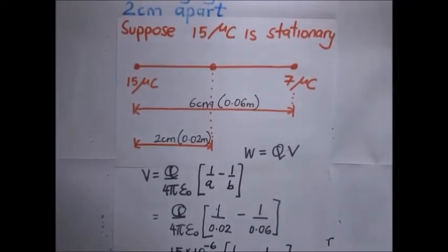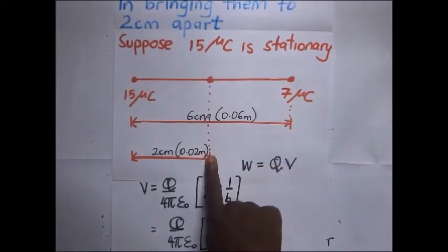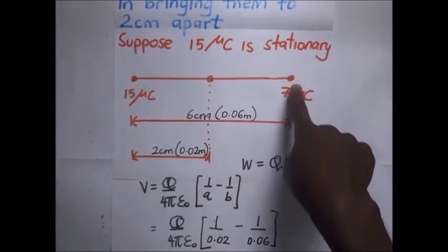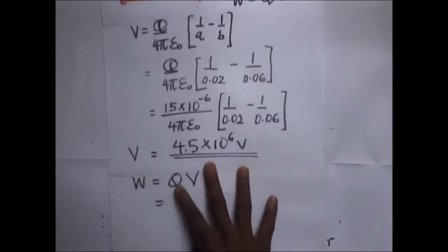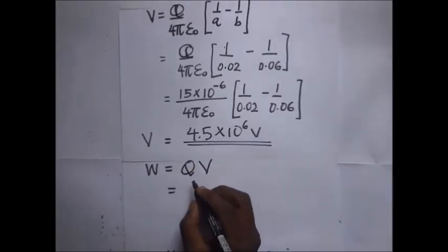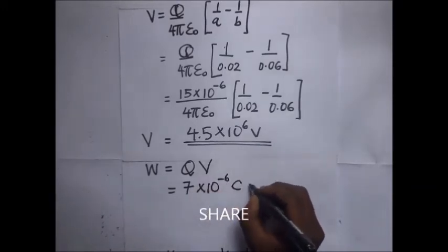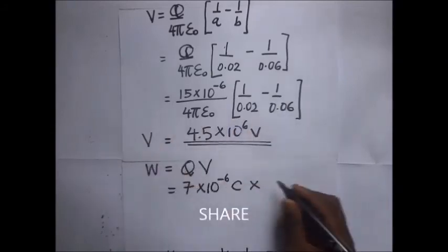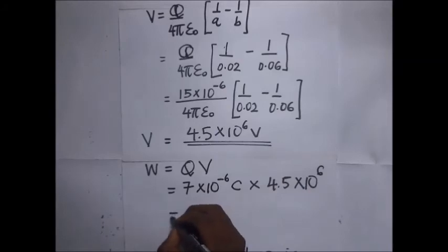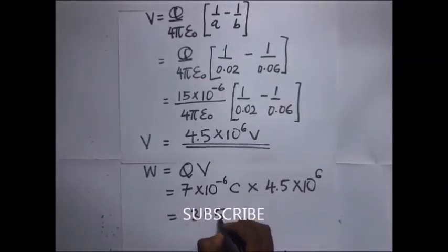The work done in moving a charge of 7 microcoulombs from this point to that point, so that these two charges are 2 centimeters apart, means Q is the charge that is moving. So it is equal to 7 microcoulombs, which is 7 times 10 to the power negative 6 coulombs, multiplied by the potential difference, which is 4.5 times 10 to the power 6. And our value of work is going to be 31.5 joules.